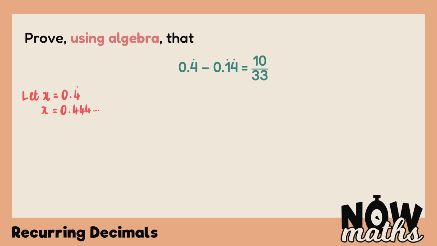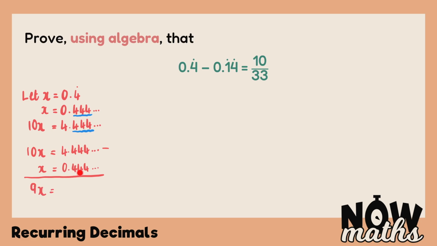We then multiply by 10. x multiplied by 10 is 10x, and 0.4 recurring multiplied by 10 is 4.4 recurring. We have two decimals that match perfectly after the point here, so we subtract x from 10x. So starting with 10x subtract x, we get 9x.